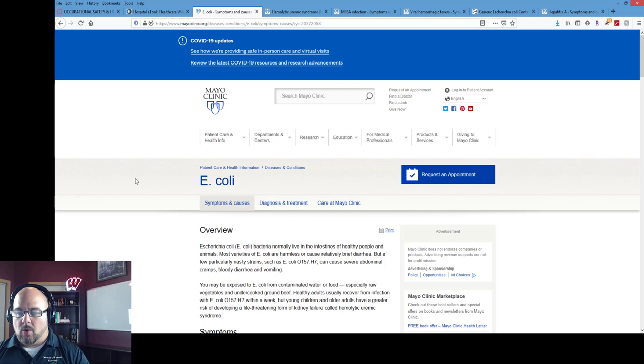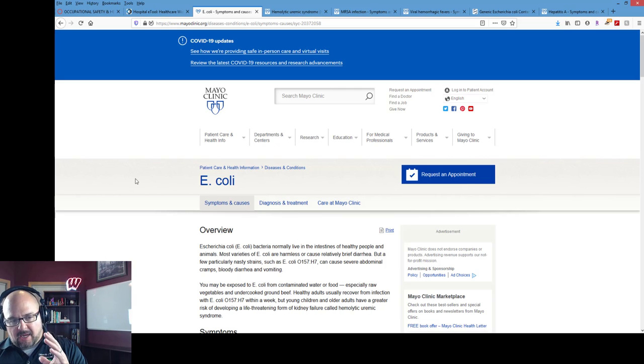So if there's E. coli in meat, there's fecal matter in meat. Now you can kill E. coli through heat. But when you consume something raw, such as spinach or lettuce, it doesn't receive that heat. So any E. coli bacterium, it's a bacteria, in there is going to be consumed.